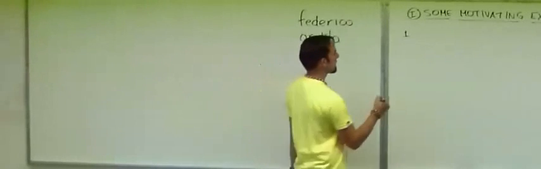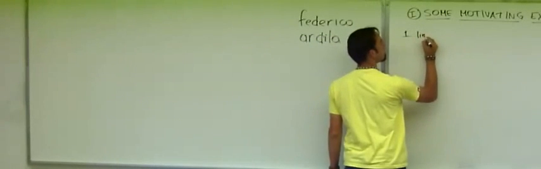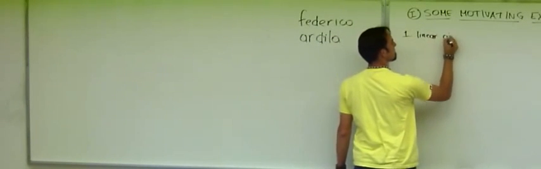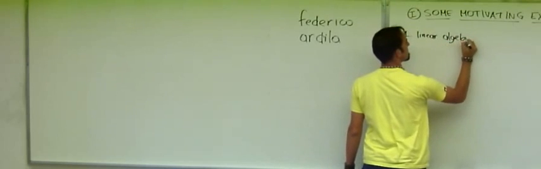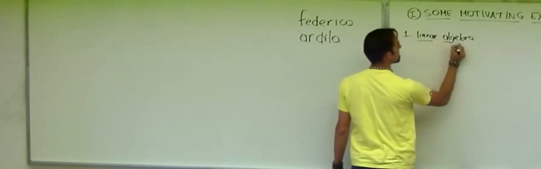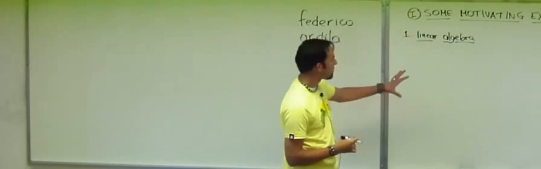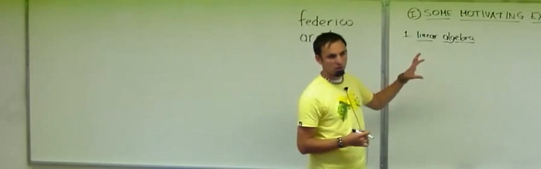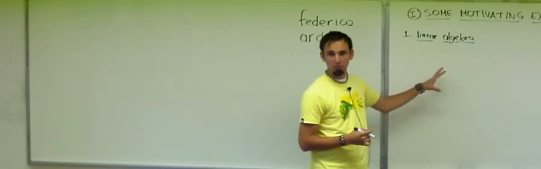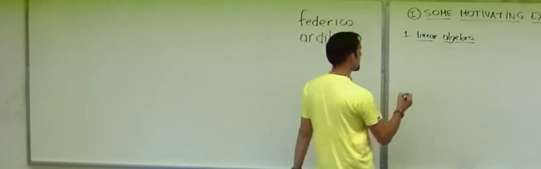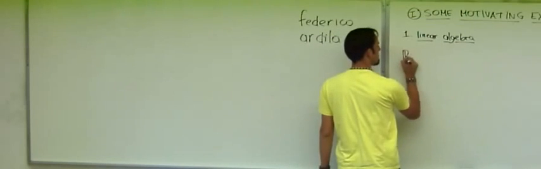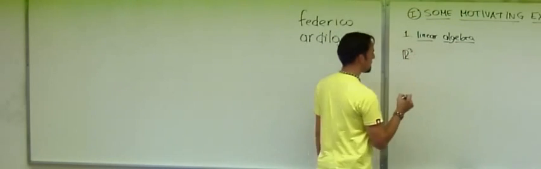The first example comes from linear algebra. So what I'm going to do is, first of all, draw a configuration of vectors in 3 space for you. Okay. So here's R3.